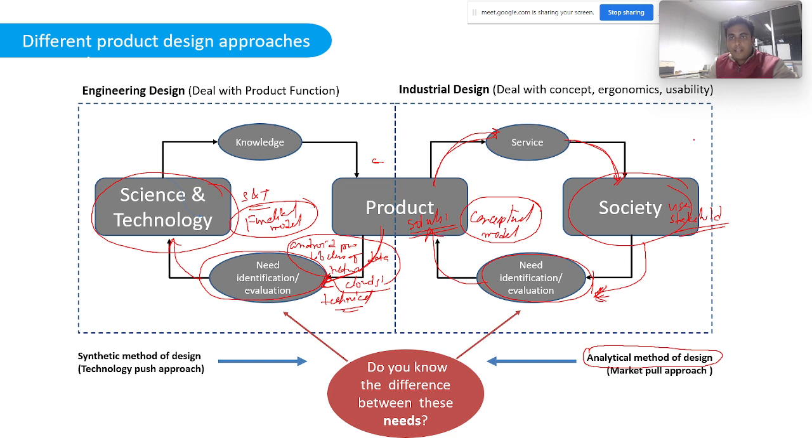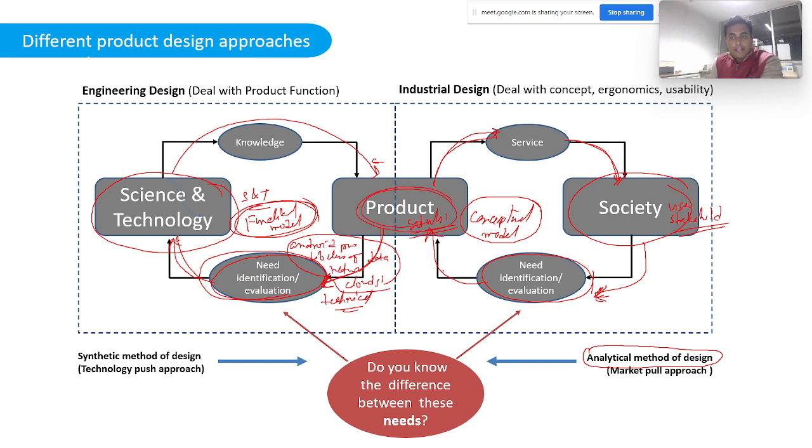Then in the other circle, you identify the technical requirements and develop a prototype, a proof of concept, or a product which is a functional representation of the conceptual model, which is called the functional model. And then you provide that back as scientific knowledge, and in combination you develop this particular product.